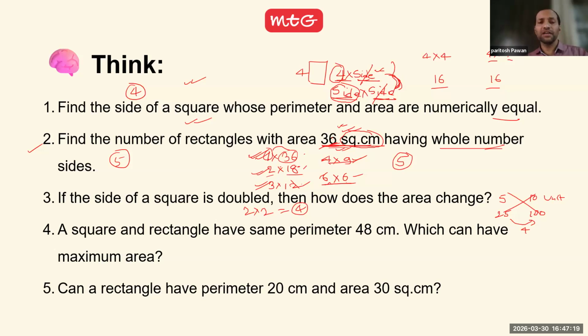So understood, beta? Clear? Now we'll go for question number 4. Question number 4 says that a square and a rectangle have the same perimeter 48, which can have maximum area.